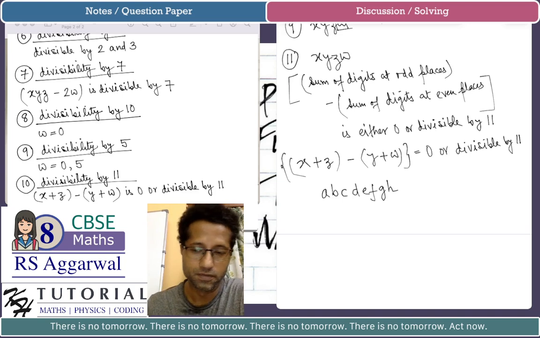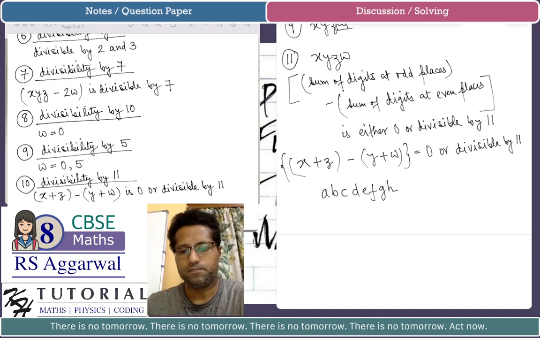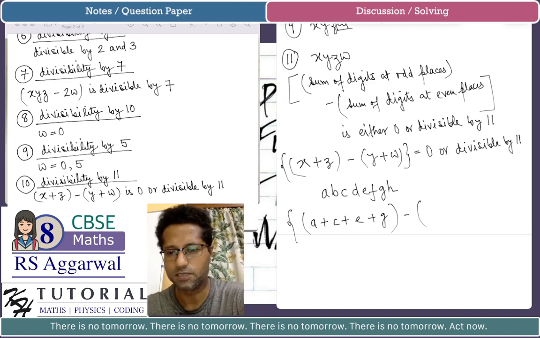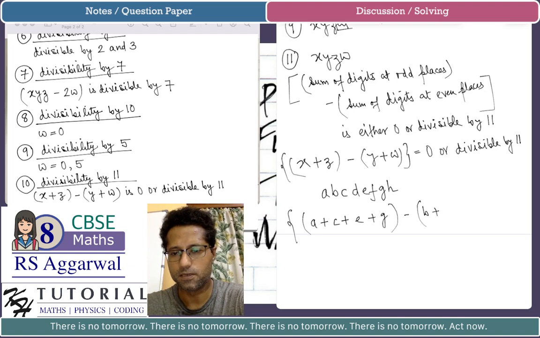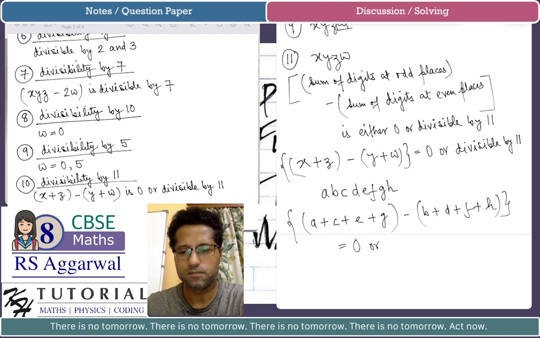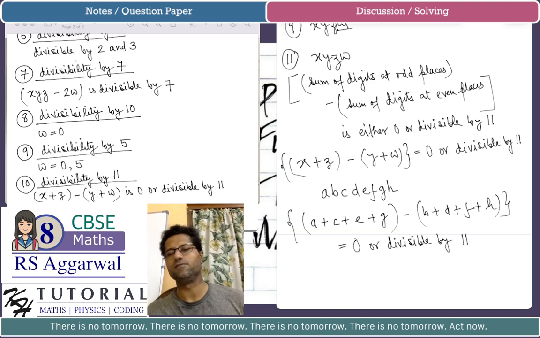Now this number will be divisible by 11 if we take the sum of the digits at the odd places, that is A plus C plus E plus G, and then subtract the sum of the digits at the even places, that is B plus D plus F plus H, and this is equal to 0 or divisible by 11. Then we can say that the 8-digit number ABCDEFGH will be divisible by 11.